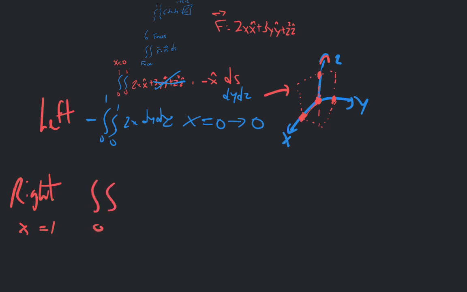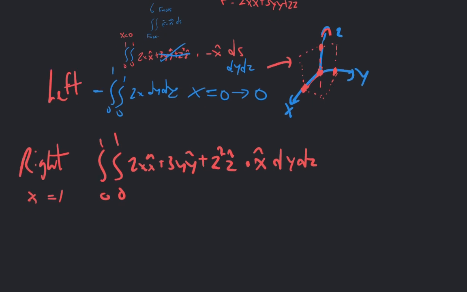So now we have 0 to 1, 0 to 1, F dot dS, so dS in this is going to be positive x unit dy dz, and that leaves us with the integral from 0 to 1, 0 to 1 of 2 dy dz, because x here is equal to 1, so that's just going to be equal to 2.